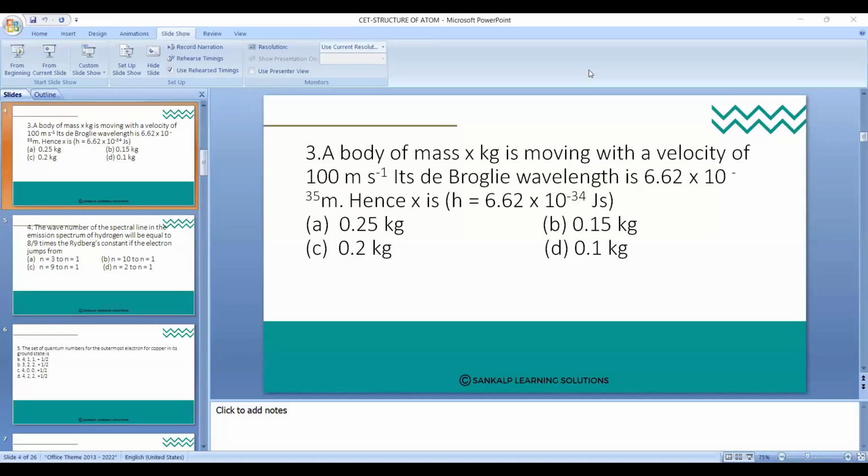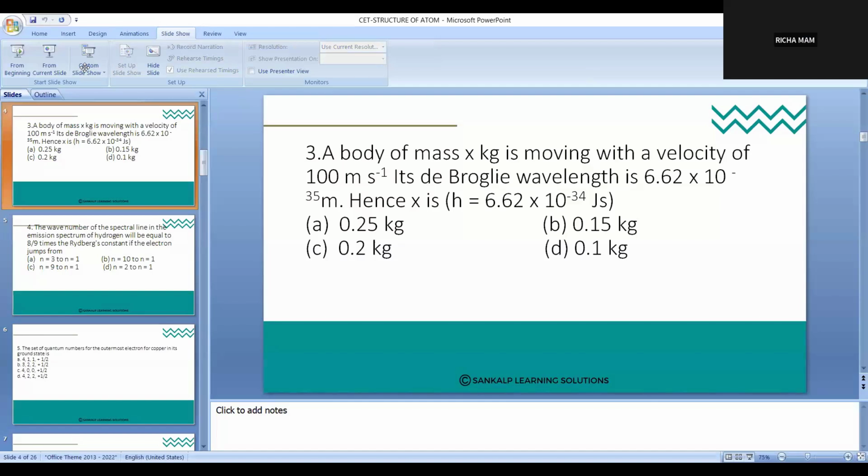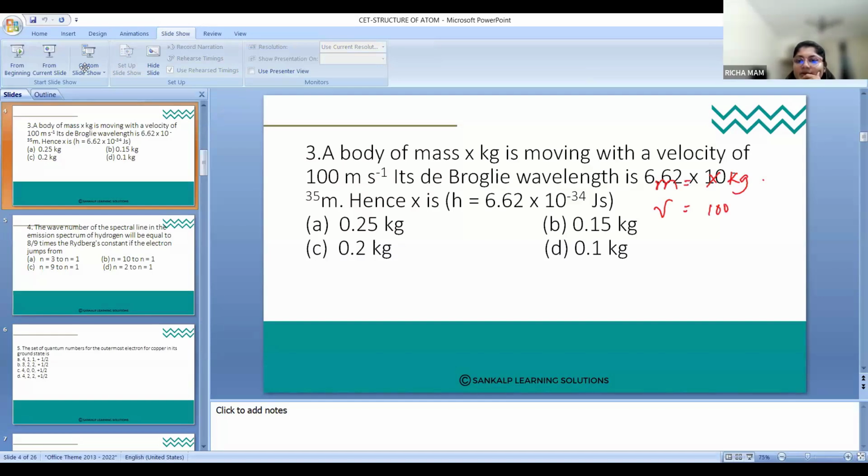So what all we have seen here? Here, what all things are given? Mass is x kg. Velocity is 100 meter per second.